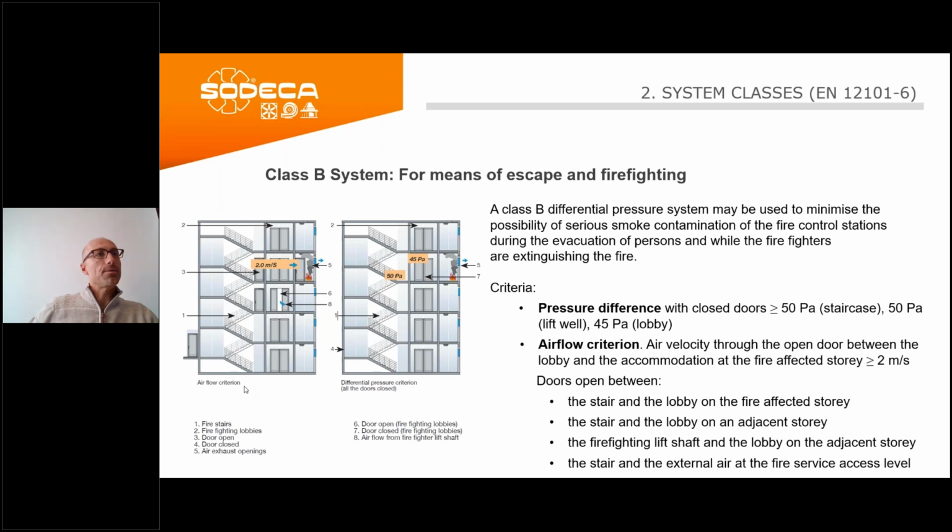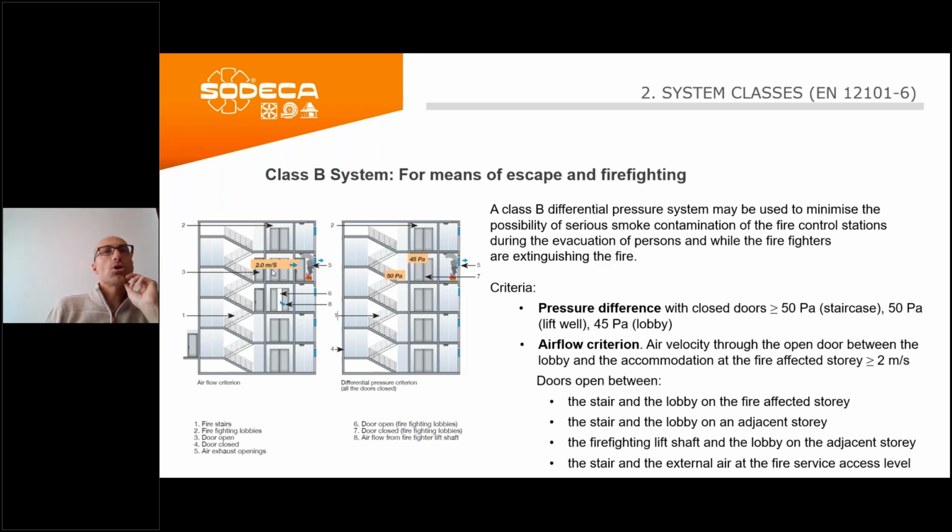Actually, when for firefighting, this system is thought for firefighters to take the fire fighting lift till the level just under the fire level. They can go to this lobby, connect the hoses here, and just go to the fire level and tackle the fire.